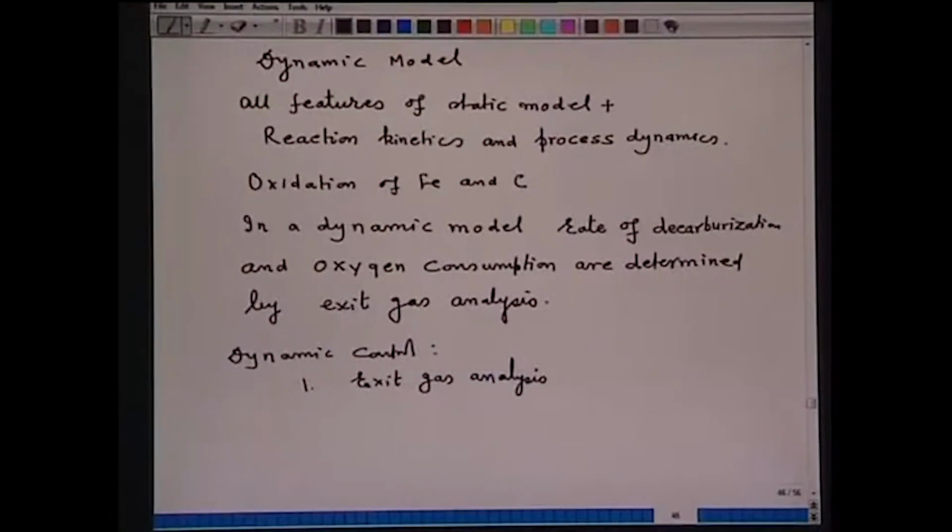Exit gas is analyzed by taking a probe, and measurement of temperature is also done. Now, this gas composition determined by an analyzer, and the temperature, are used to calculate in real time the carbon, oxygen and enthalpy balance of the gas phase.